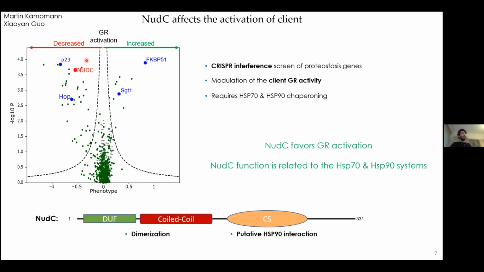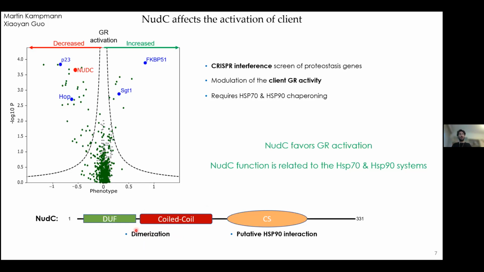Here, its knockout really decreased the activation of GR, but we don't know much about NOTC itself. We know its topology. It's made of a domain of known function at its very end terminus, followed by a very long coiled coil. It has been suggested that this very long coiled coil region induces the dimerization of NOTC in solution.